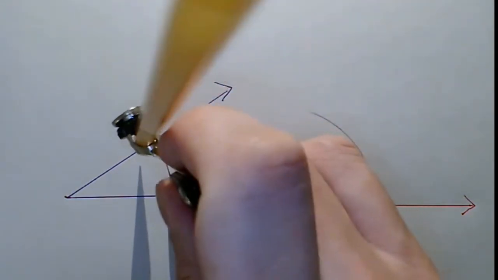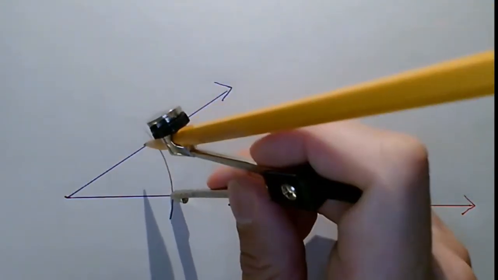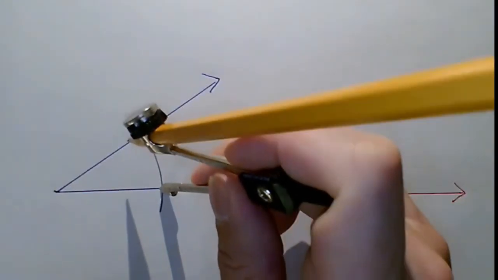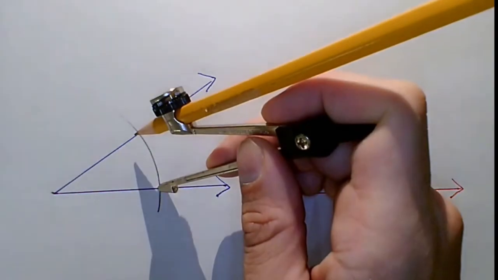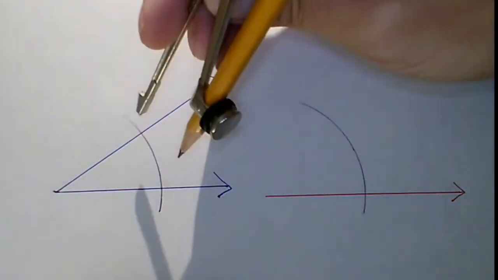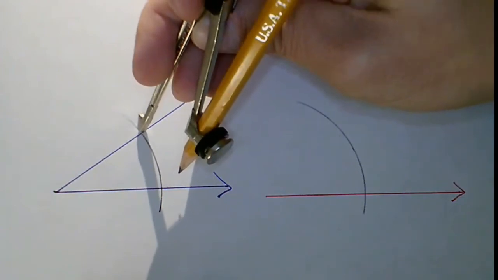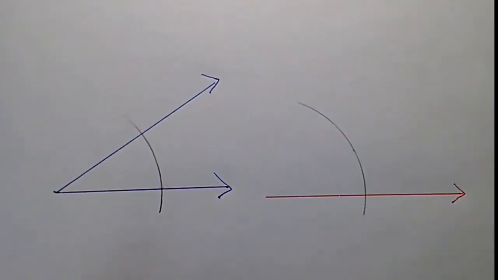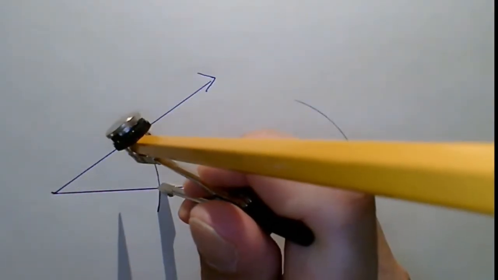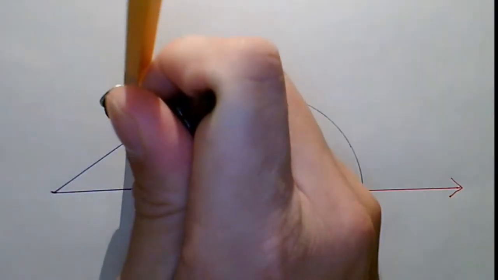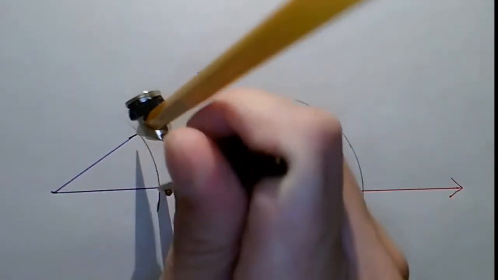And I'm purposely vamping so that the people who have the old-fashioned compasses are able to do the twisty thing to make sure that everything is good. But my stabby end is on one intersection and my pencil's on the other. And like I said, it makes zero difference if you swapped it because you're literally going to have the same exact measurement anyway. So I take my stabby end, right? I put it on one intersection, and I'm just going to mark that intersection right there.